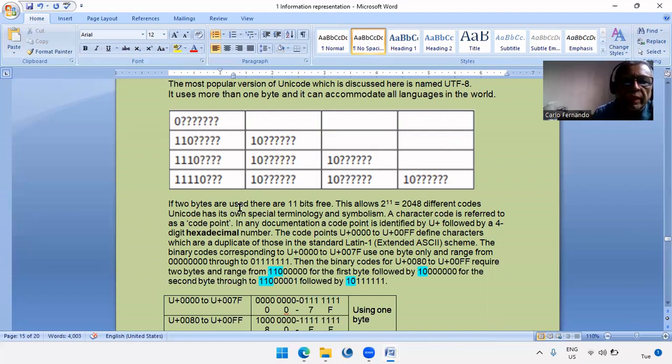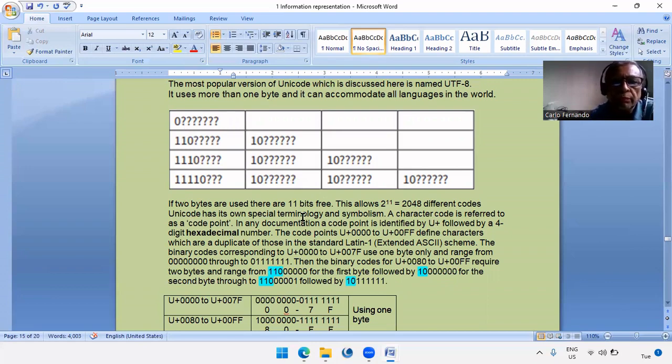So if 2 bytes are used, there are 11 bits free: 5 here and 6 there, leaving 3 bits on the most significant byte and 1, 0, 2 bits on this side. You will notice that all these subsequent bytes start with 1, 0. These are only different at the beginning, to identify the beginning code. So if 11 bits are free with these 2 bytes, it will allow 2 to the power 11, which is 2048 different codes.